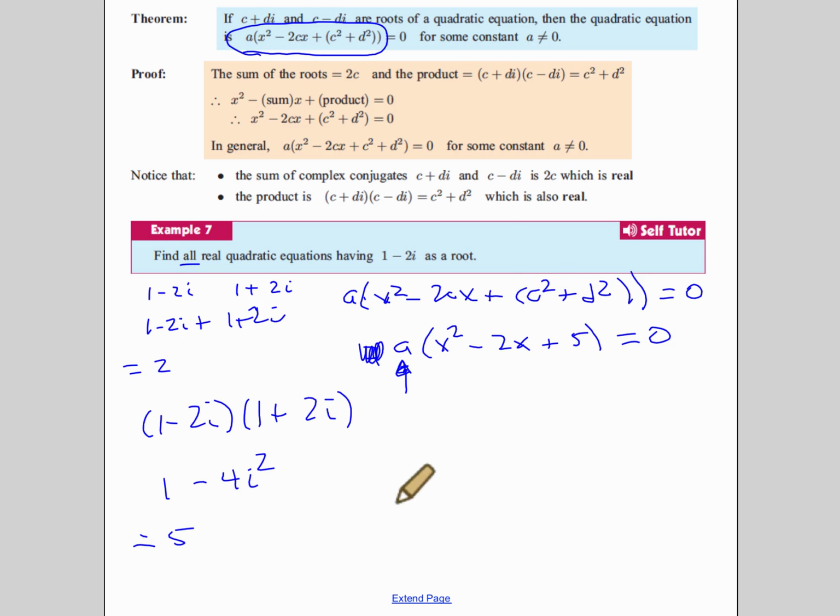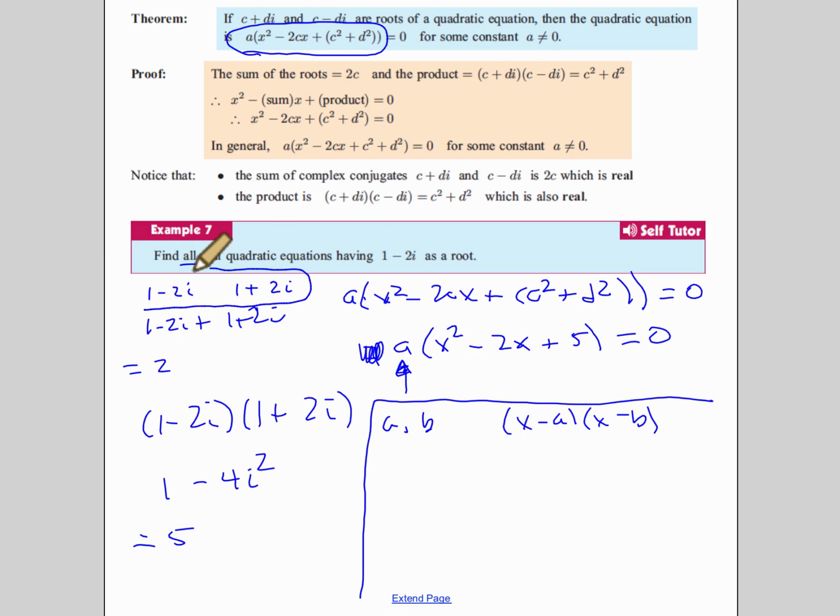Now, do you have to memorize this? No, not necessarily. If a and b are roots of a quadratic, then we know that the factors are x minus a times x minus b. Well, the same thing is true here. If I have 1 minus 2i and 1 plus 2i as roots, then I know that x minus each of those roots is going to be factors of that quadratic.